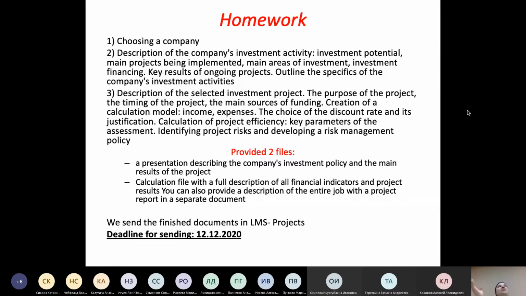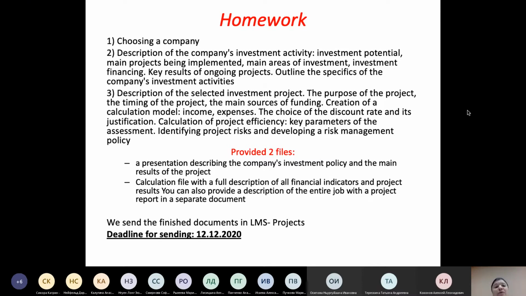For example, discount payback period, simple payback period, certainly net present value, our internal rate of return, perhaps average rate of return, perhaps our modified internal rate of return, and certainly our payback period based on the discounting method or without including the discounting method.